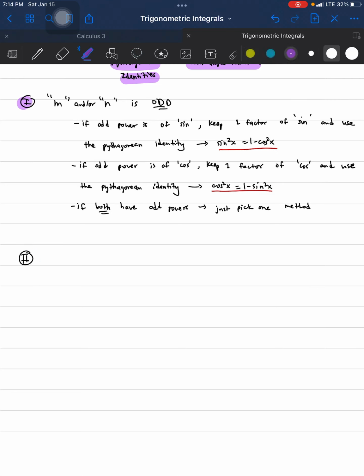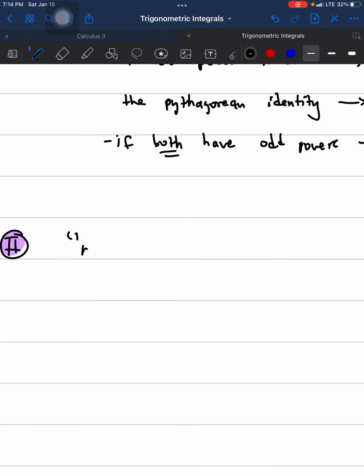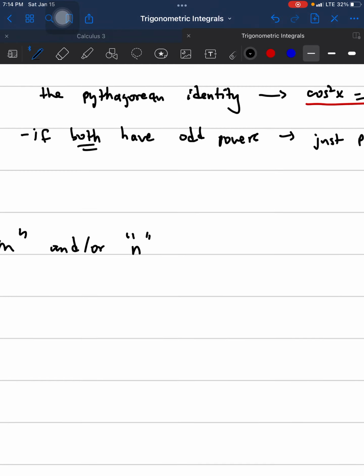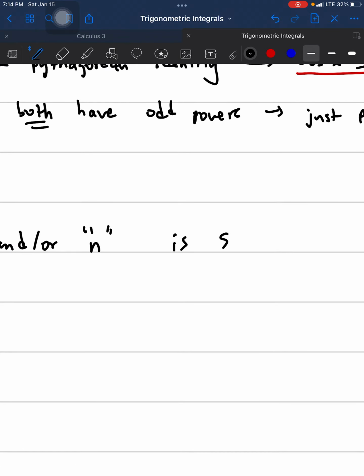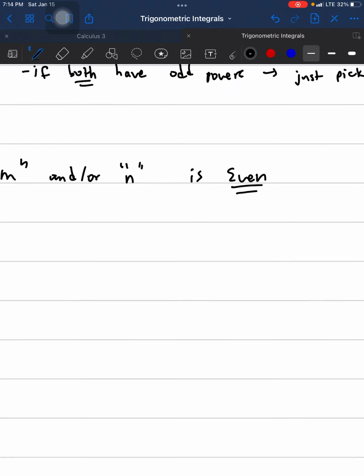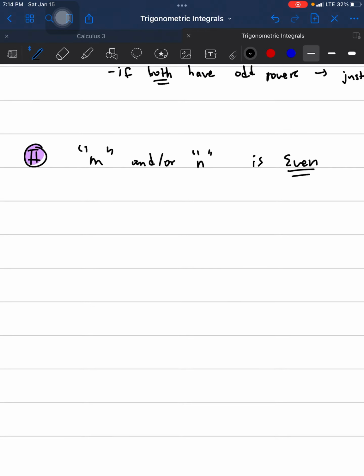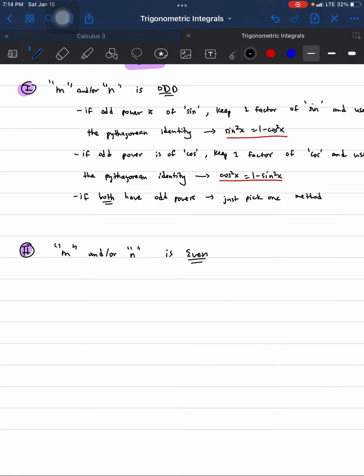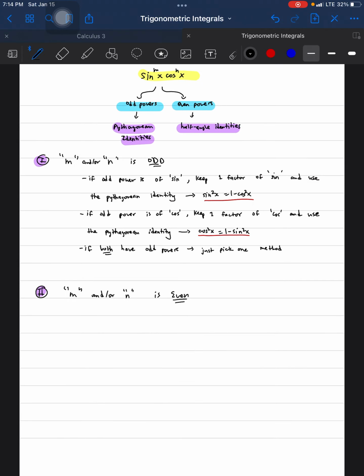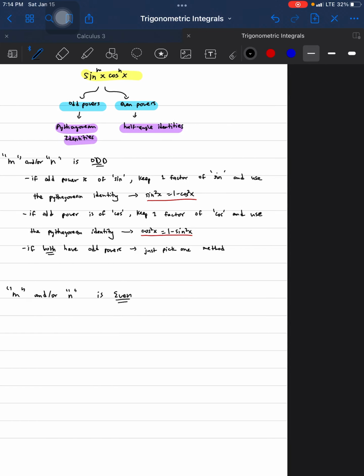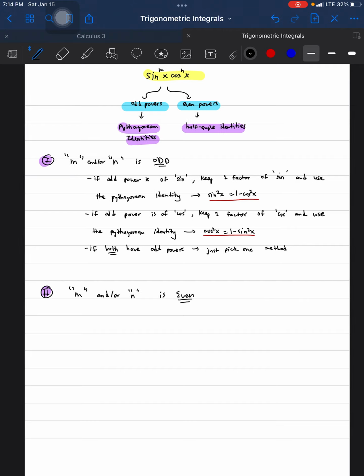And the second case is where it's even. So m and/or n is even. If one of them or both of them are even, we can use the half angle identities.